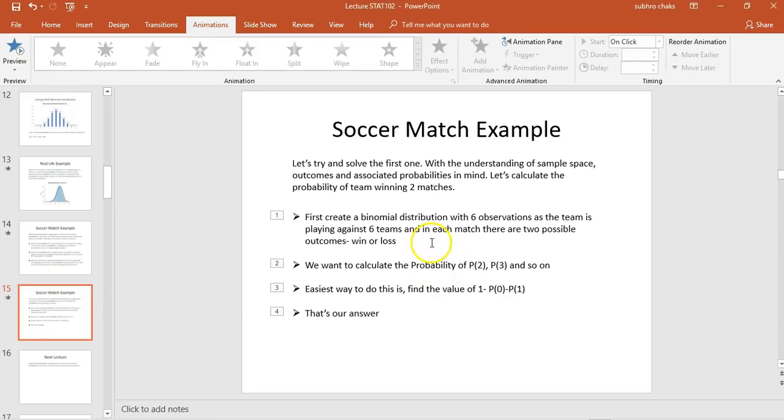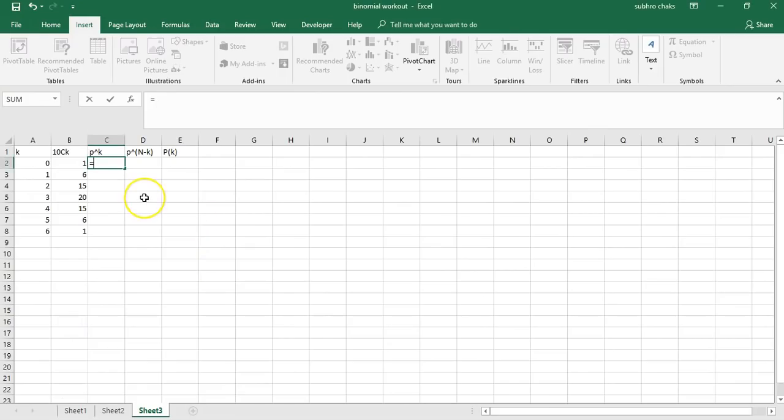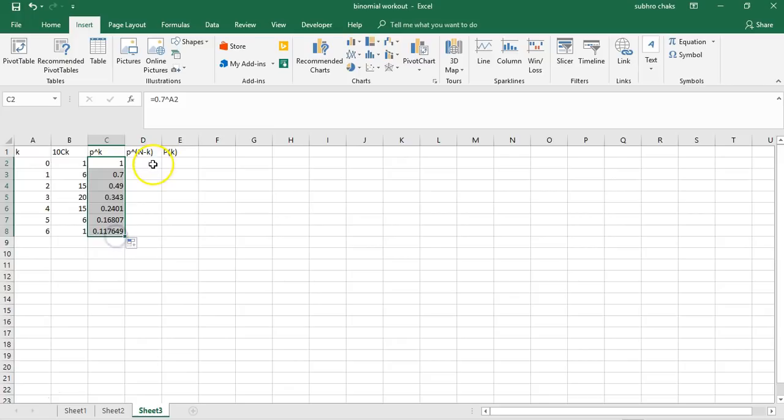The probability of winning each match is 0.7. So let's say 0.7 to the power 0. Then let's copy this formula for all other observations.